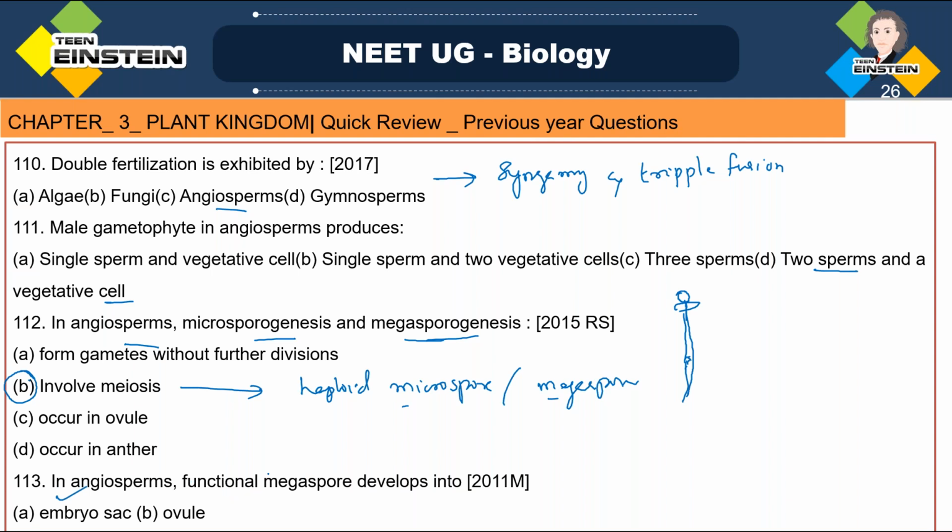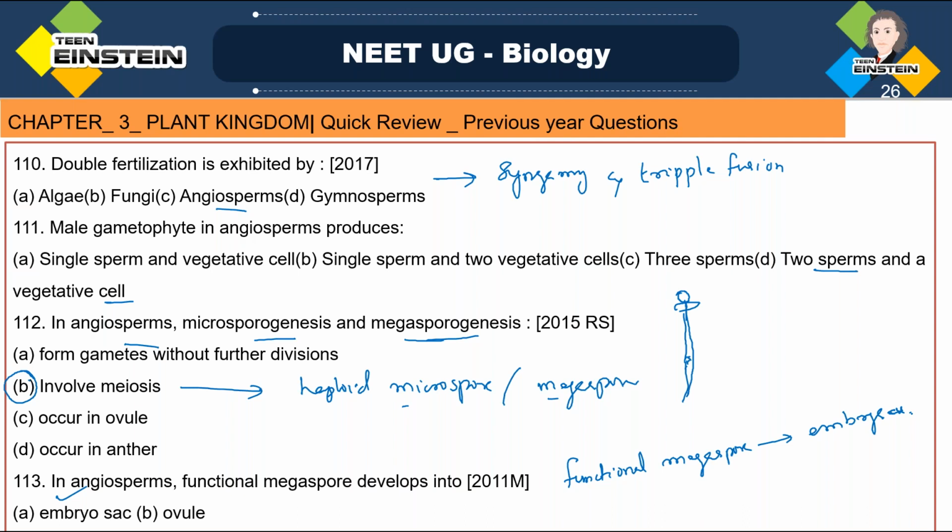During megagametogenesis, the functional megaspore gives rise to the embryo sac. So this is the formation of the mature female gametophyte generation.